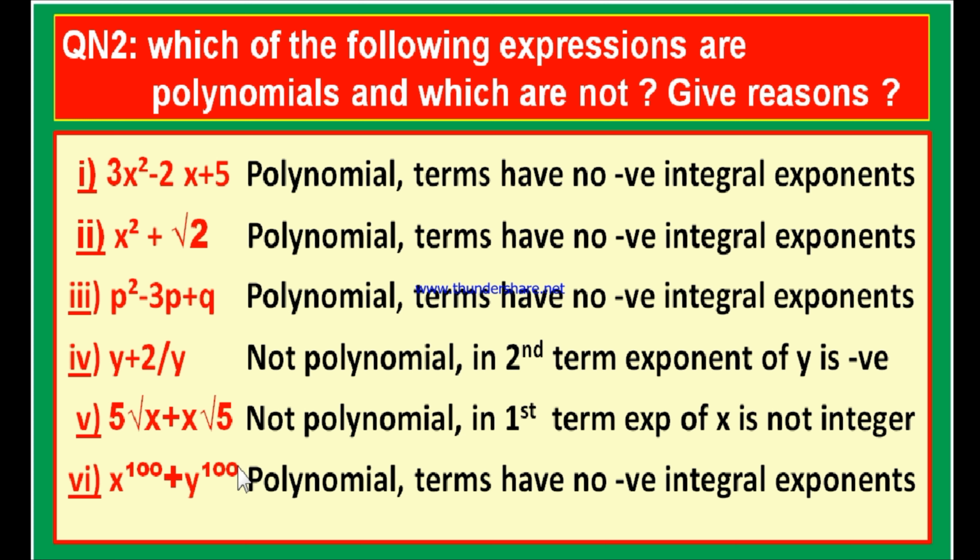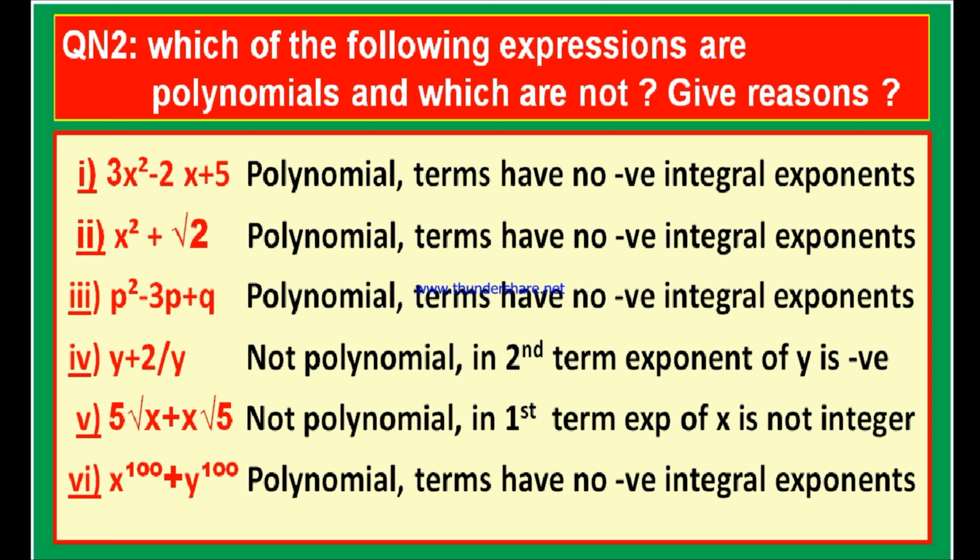You see 100 is a positive integer, isn't it? Therefore x power 100 plus y power 100 is a polynomial because these two terms have no negative integral exponents. These two terms have positive integral exponents. Therefore it is a polynomial. From this, what did you understand?